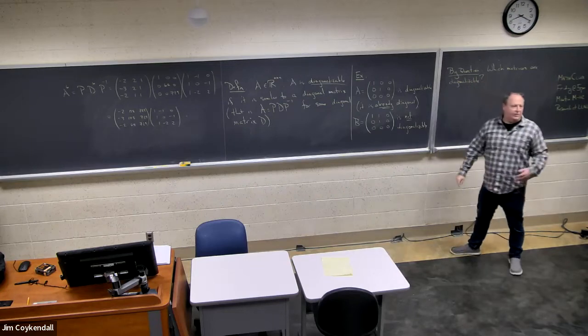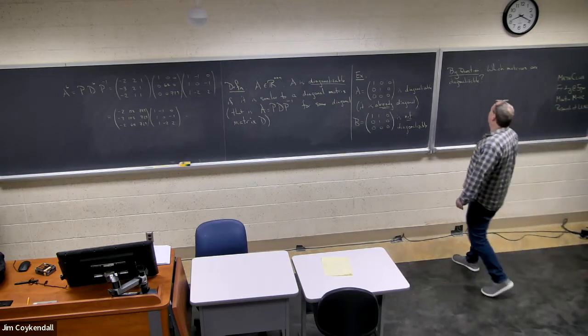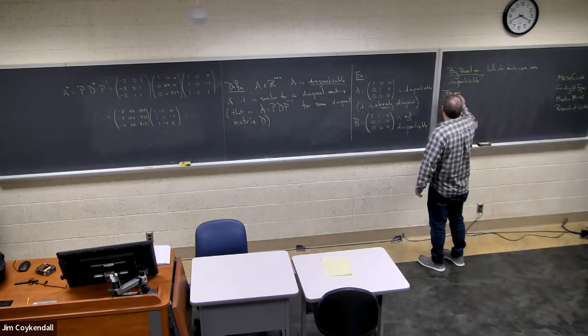That is, which matrices can be conjugated to be a diagonal matrix? And I can answer that in the following.